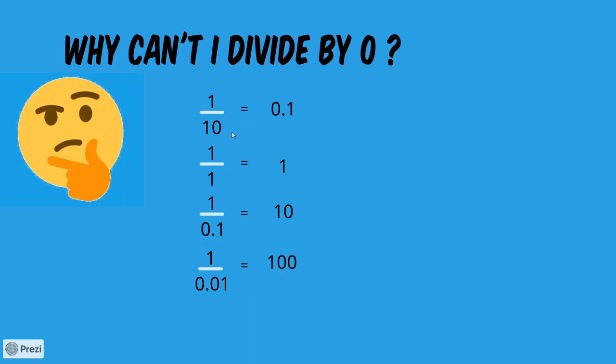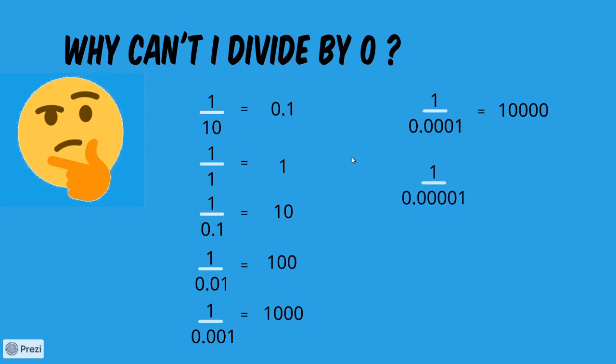Each time I'm going to decrease the value of the denominator so that it almost reaches 0. Let me make that value smaller again. 1 by 0.001, 1000. 1 by 0.0001, 10,000. 1 by 0.00001, 100,000, that is 1 lakh.